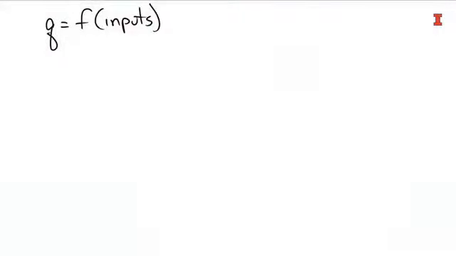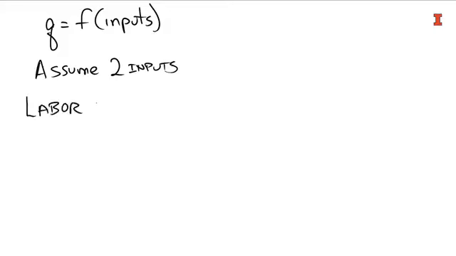We're going to make life a little bit easier for us, and we're going to assume that there's only two inputs right now. That's not a bad assumption at all. We know, in fact, there may be many more inputs, but we can aggregate the inputs into two categories, because two is important to me because economists like to do a lot of two-dimensional graphs. So it's a good thing to have the world simplified down to two.